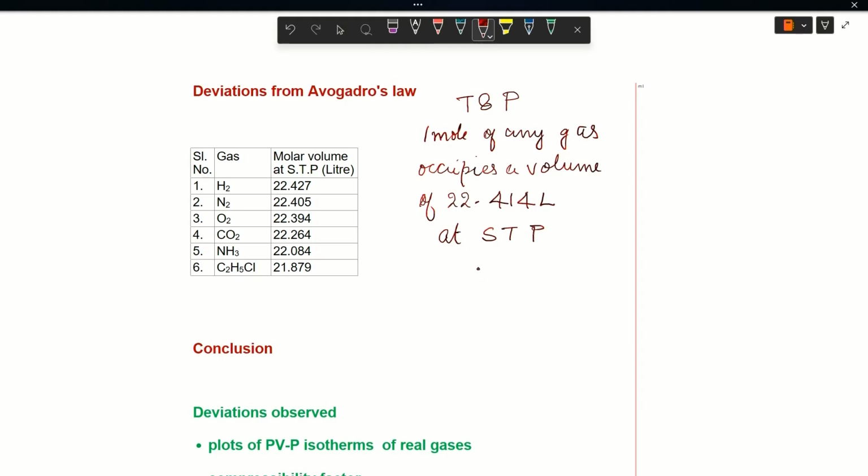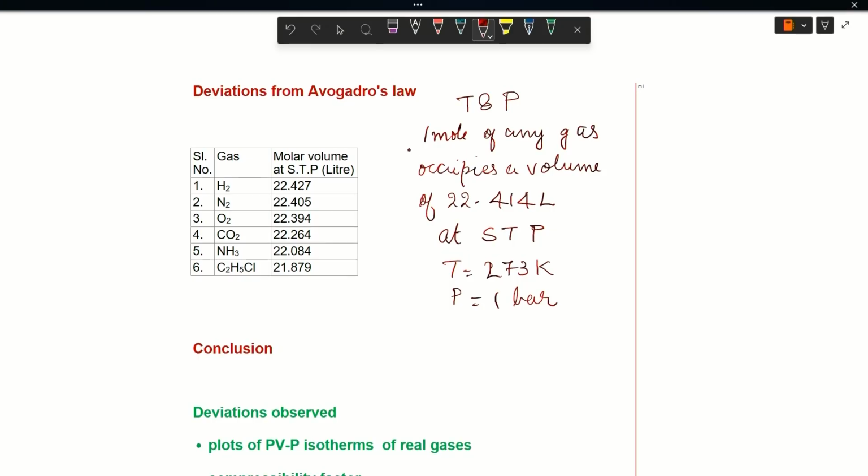Now, what is STP? That is when temperature is equal to 273 Kelvin and pressure is equal to 1 bar, that is standard conditions of temperature and pressure.